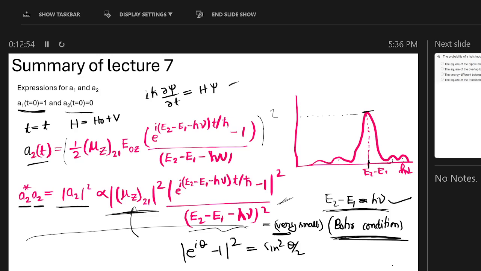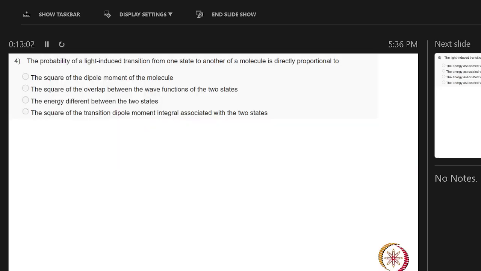So this was the summary of lecture 7. We will try to solve some problems based on this. If you see here, the question is asking: the probability of a light induced transition from one state to another of a molecule is directly proportional to what? The probability is like a2 square, correct?